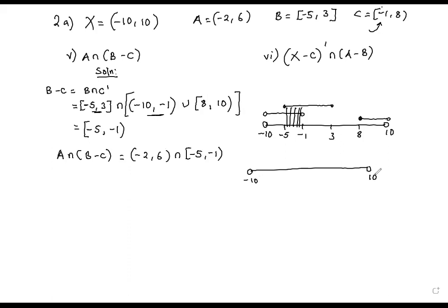And then from negative 2 to 6, we have A. We also have from negative 5 to negative 1, closed, open. We want the intersection of these two. So as you can see, the intersection is here. That is from negative 2 to negative 1, both of them not included. So this is the final solution.